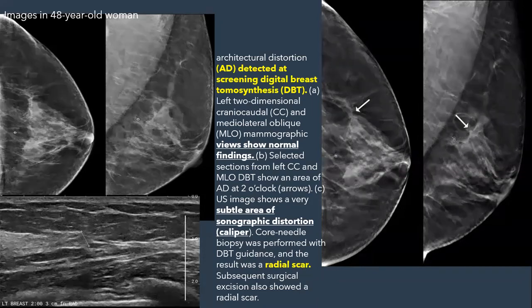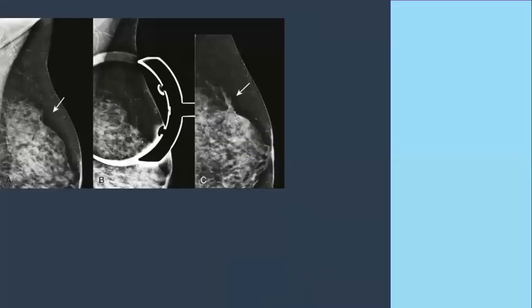So by imaging, we cannot differentiate between malignant and benign architectural distortion. Here we see a subtle area of architectural distortion in the MLO, and this is spot magnification showing some tethering and retraction in the contour and some spiculated lines.